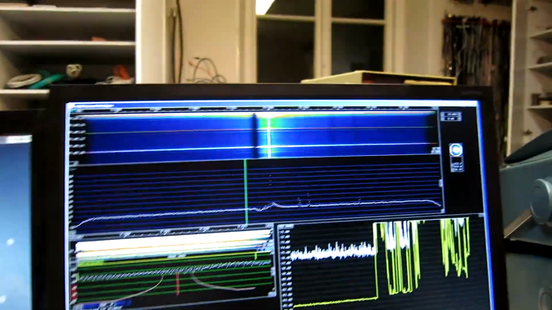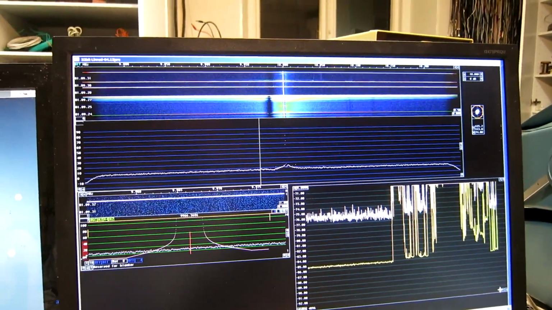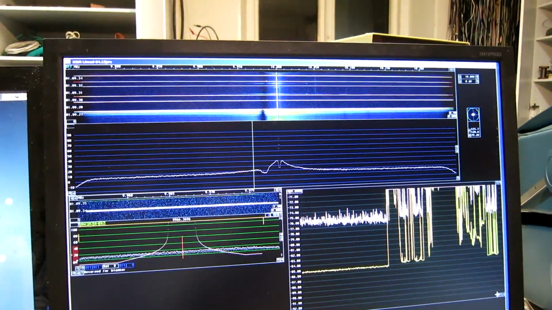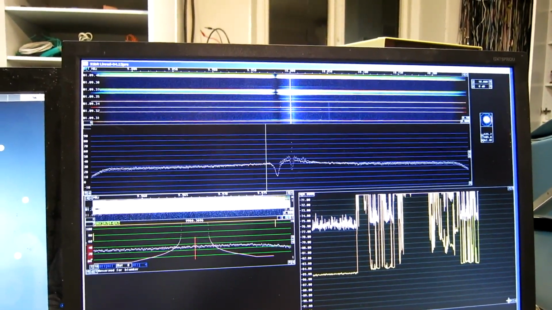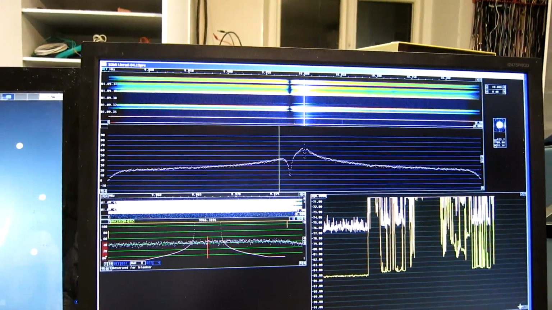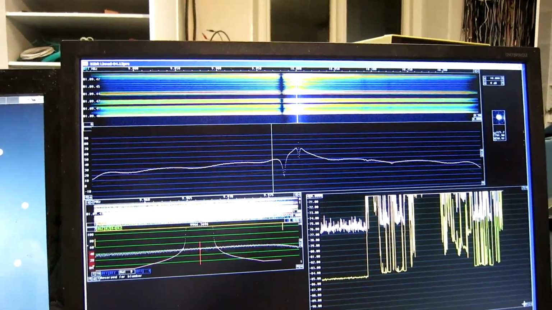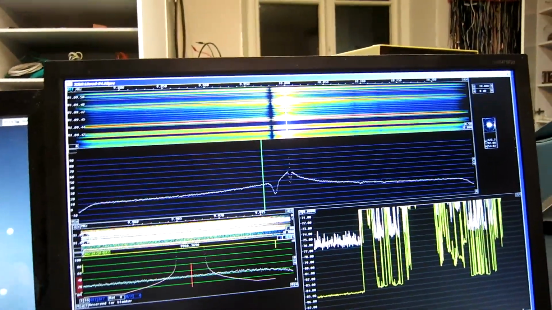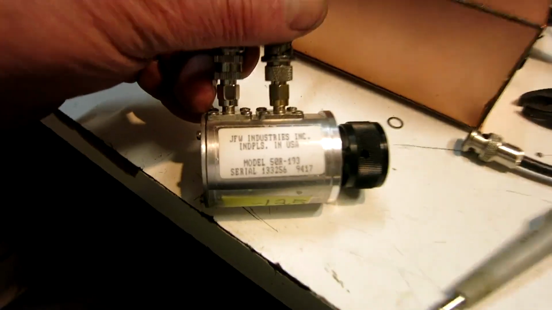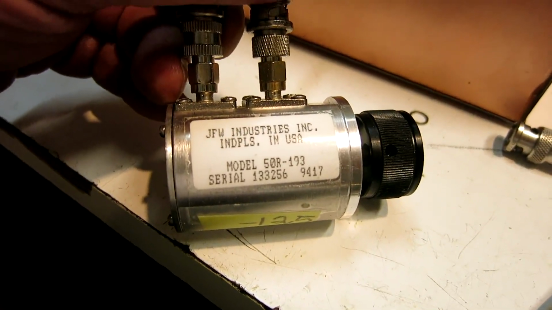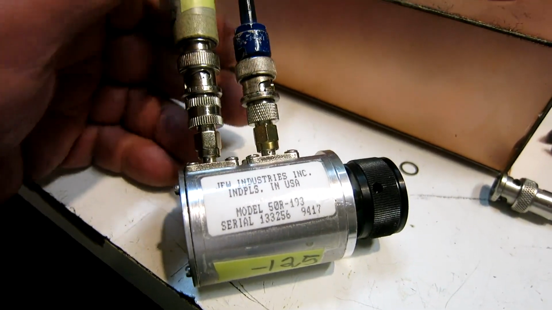When I turn it to 9 dB, 8, 7, and so on, but 10 dB step, well, sometimes it's okay, but most of the times it's not. And I don't know the reason for this, but the conclusion is, don't trust your equipment just because it looks very professional. There could be some problem with it. And in this case, I don't know what the problem is.